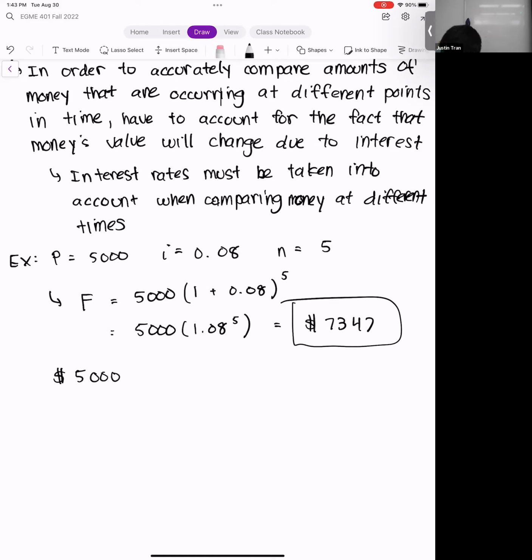And then we have the $7,347, which is the amount that he's going to pay you back after 5 years. Let's label these two amounts based on when they're relevant in terms of time. This $5,000 is money that you have today, because this is the amount that you're going to lend your friend today in order for him to start his business.